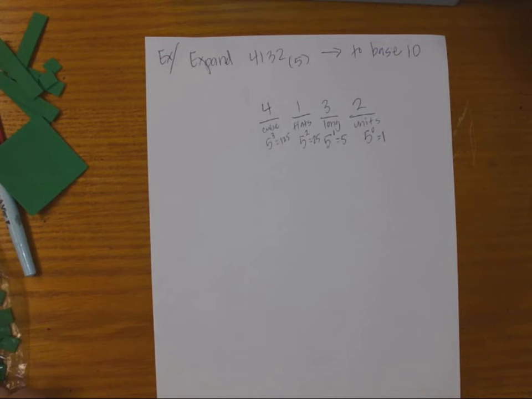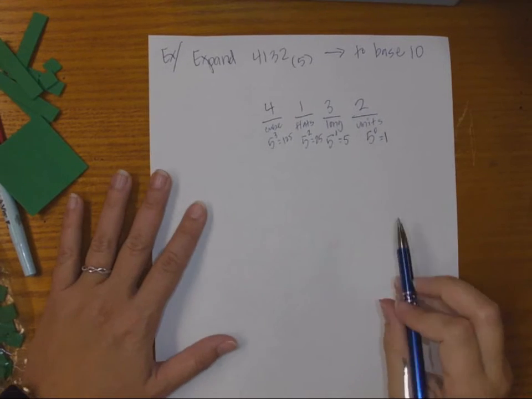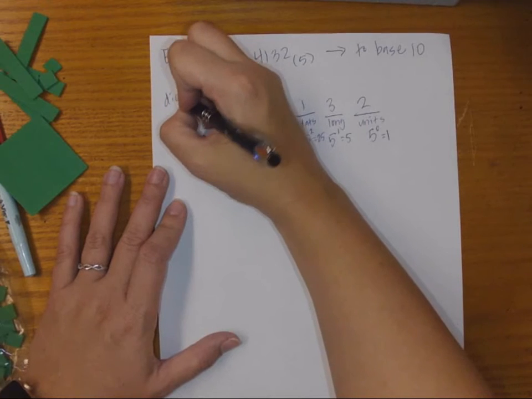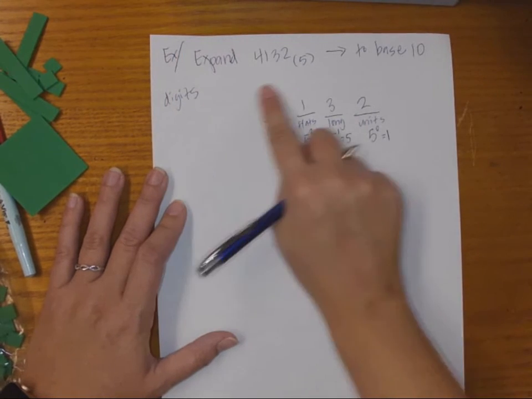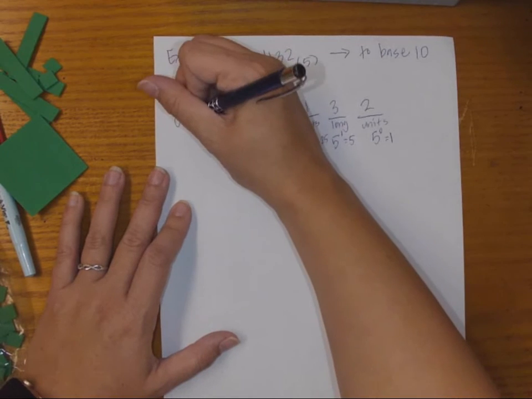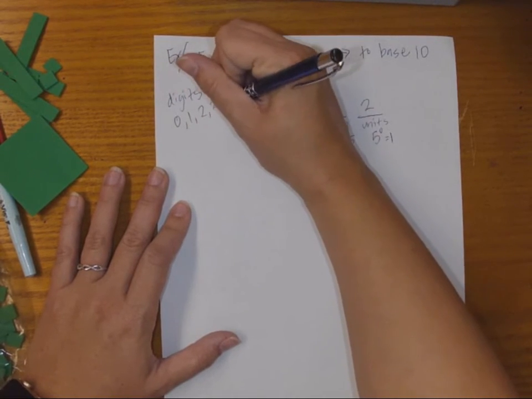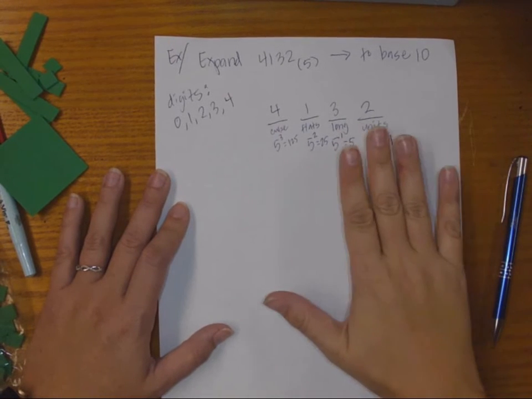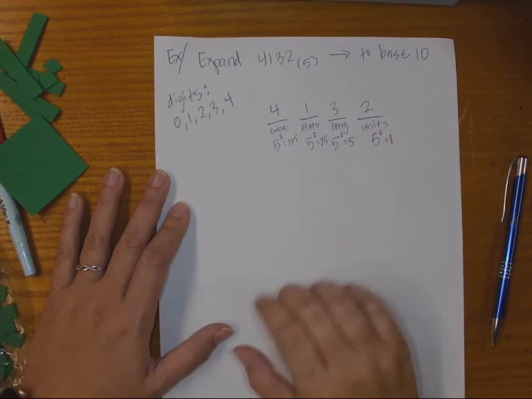Okay, one thing real quick to let you know about is the choice of digits here in base 5. The only options I have for digits are 0, 1, 2, 3, 4. I can't use the digit 5 in base 5. I can't use the digit 6 in base 6.